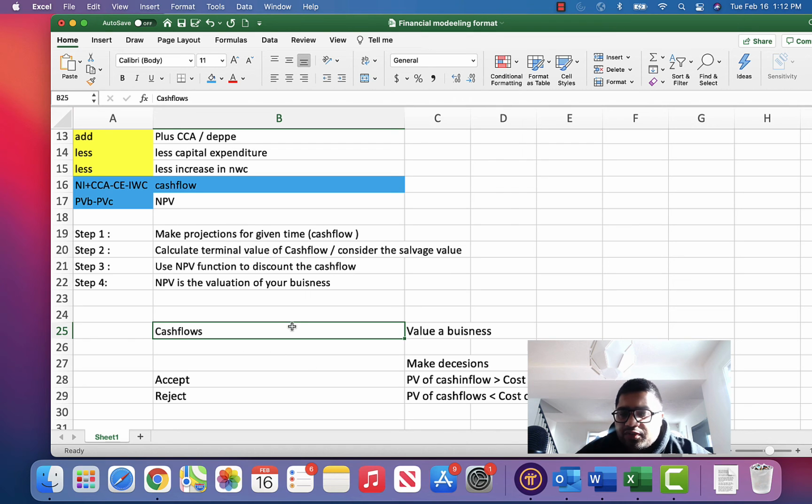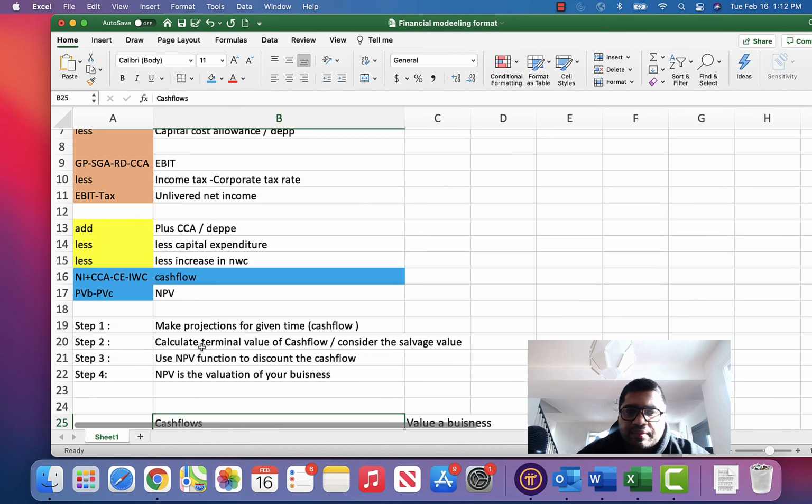Cash flows can be used to value a business and also to make decisions. So we are going to do problems based on valuing a business as well as making decisions. We accept a project if present value of cash inflows is greater than cost of project. We reject the project if present value of cash flow is less than cost of the project. So that's how we do it.